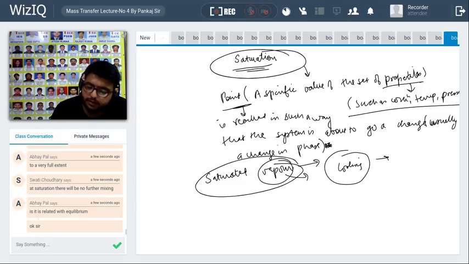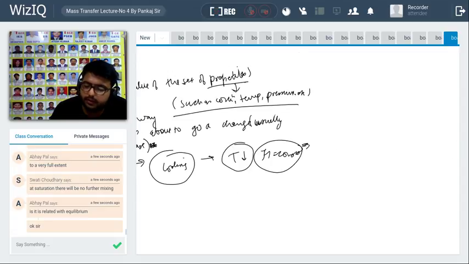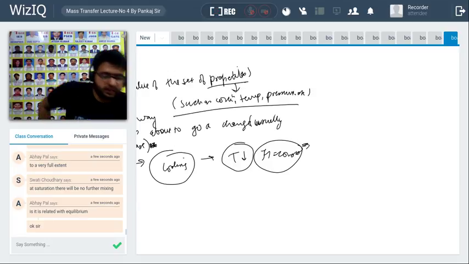So the temperature will keep on decreasing, but humidity will remain constant. On decreasing the temperature, the water vapor present inside the air will also cool down. Let it be at atmospheric conditions.